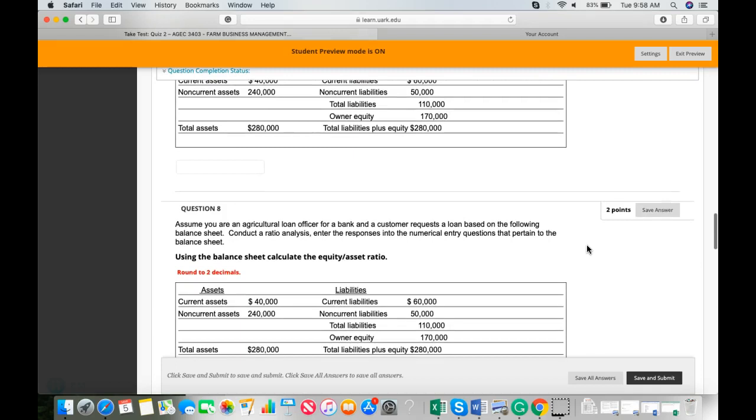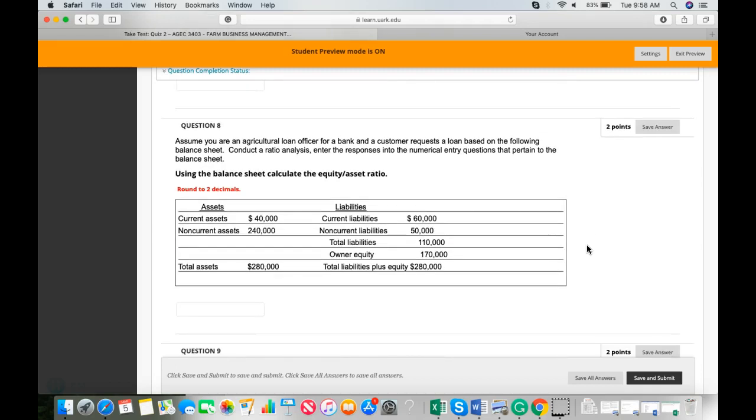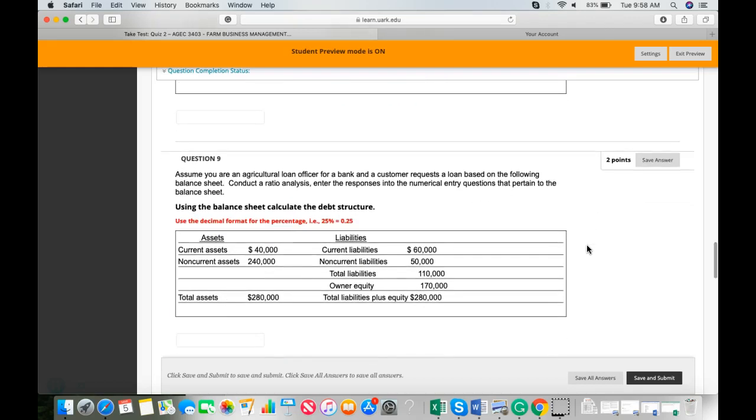We can just simplify. Okay, equity to asset ratio: total equity divided by total assets, 170,000 divided by 280,000 is 0.61. Number 9, debt structure. My debt structure is current liabilities divided by total liabilities, which is 60,000 divided by 110,000, which is 0.55.